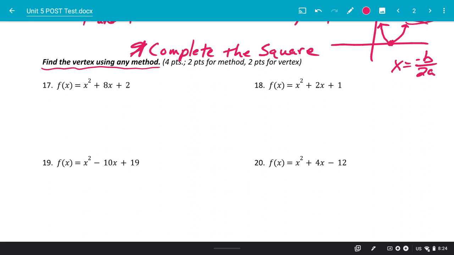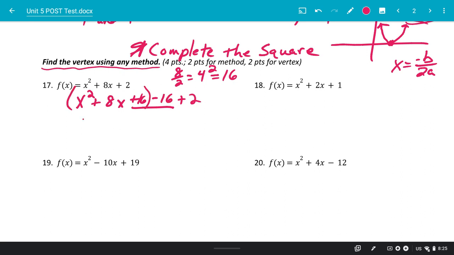It was so easy. X squared plus 8x space plus 2. 8 divided by 2 is 4. 4 squared is 16, so I have to add 16 and subtract 16. Now, this is a perfect square trinomial that factors to be x plus 4 quantity squared.